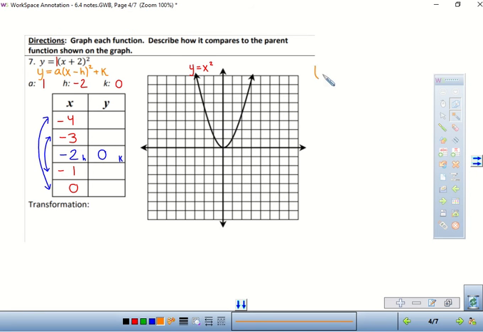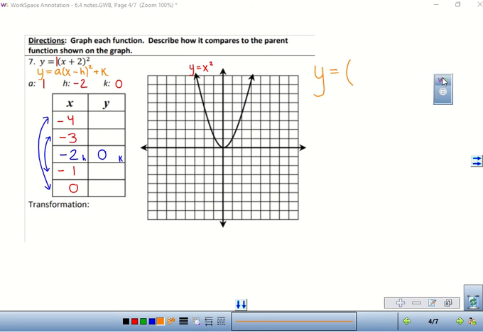We're going to take the equation as it was in the beginning, and we're going to plug in -1, replacing the x's with -1. That's going to give me y equals 1 squared, which is just 1. So -1, 1. And if that's 1, what else is 1?